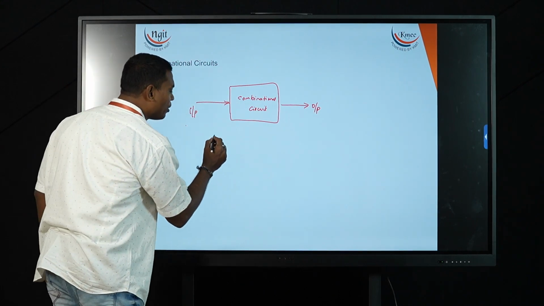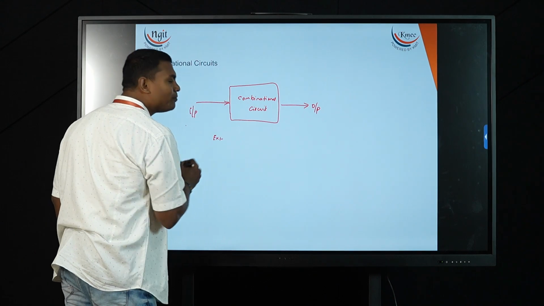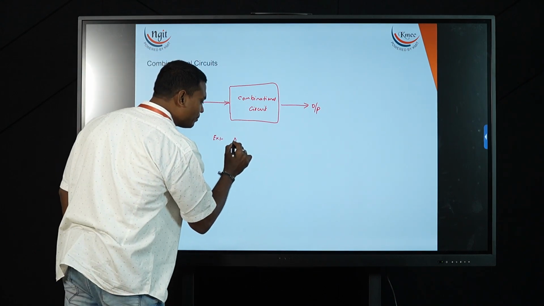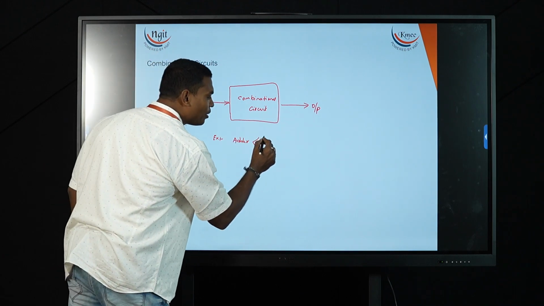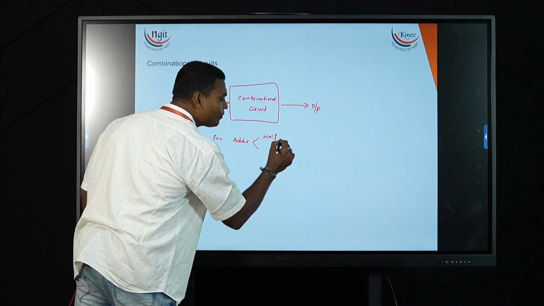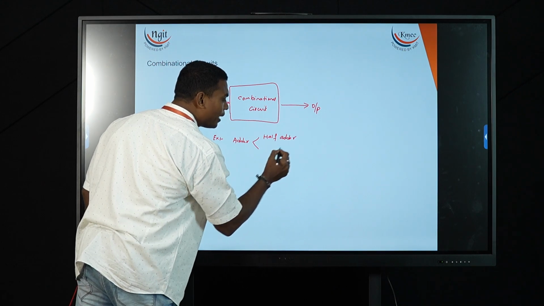Now, examples of combinational circuits. What examples can I have? I can have adders. Adders are of two types, half adder and full adder.